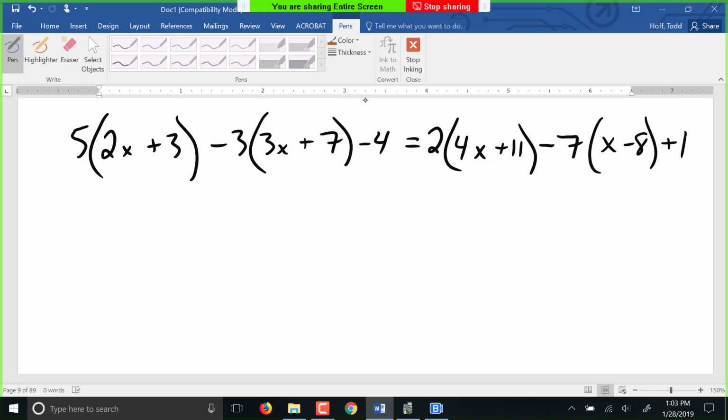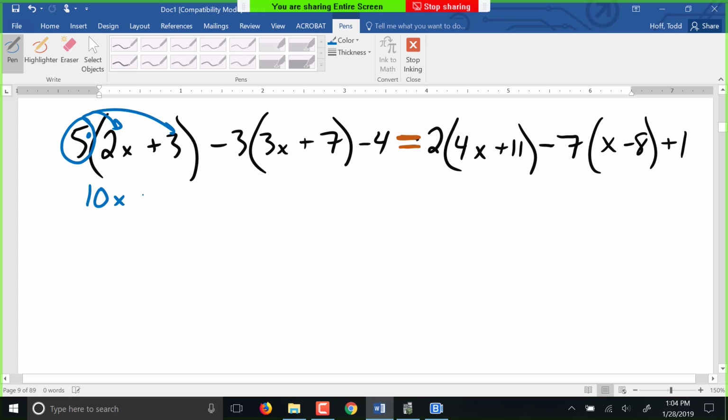Now again, this looks like a beast, but we just go step by step. Here's our equal sign. Let's start on the left side. What can we do first on the left side? Well, we go left to right. This parentheses, there's nothing to do inside it, so we're going to distribute the 5. 5 times 2x, 10x, 5 times 3, 15.